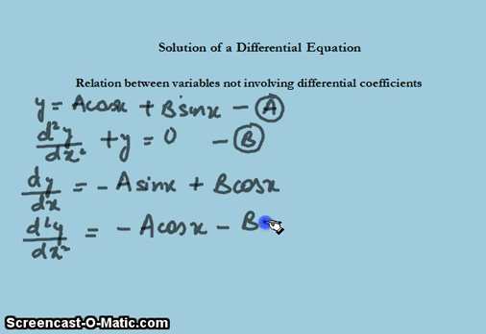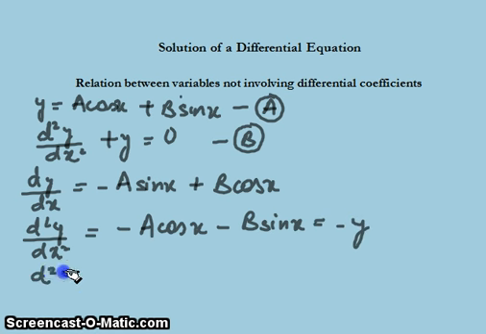Now as we can see, in equation number a, y is equal to a cos x plus b sin x. This gives us the value of d square y by dx square equal to minus y.